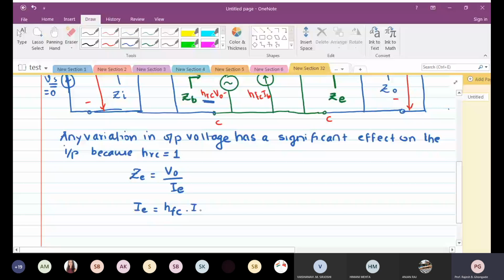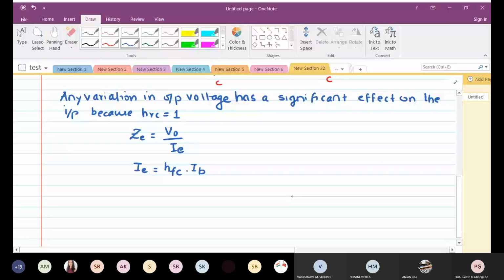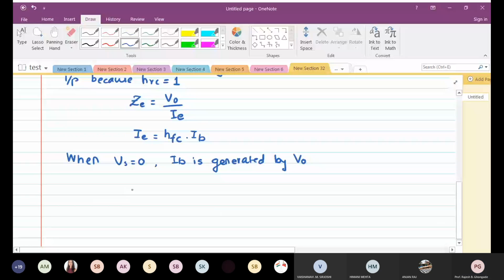When VS is equal to 0, which we have assumed, IB is generated by VO itself. So I can write IB as VO divided by what?